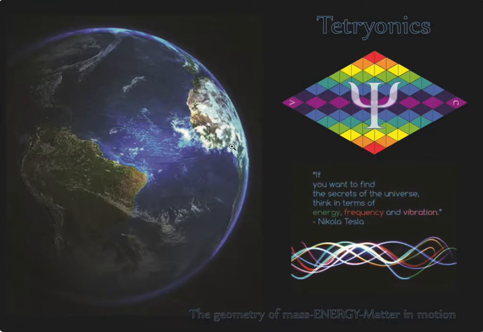As Nikola Tesla pointed out, if you wish to understand all the secrets of the universe, it's important to think in terms of energy, frequency. In this case, he said vibration. In the terms of Tetryonics, we'd say geometry.